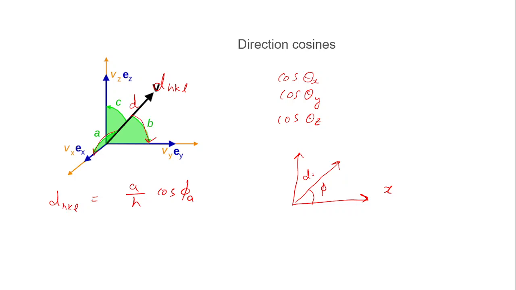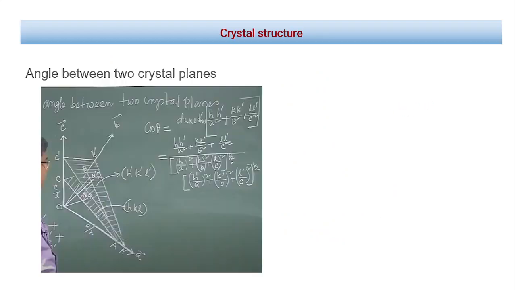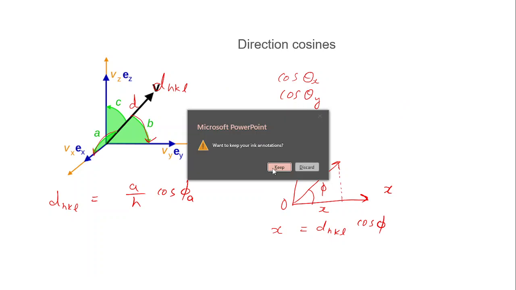Now this was my d HKL vector on the plane. I'm just giving you a side view, so I'm not drawing the plane. This was the perpendicular to the plane from the origin. Now when I take the intercept of this vector on the x-axis, this will give me some length. Let's call it x. Then you can see x here will be d HKL cos phi.